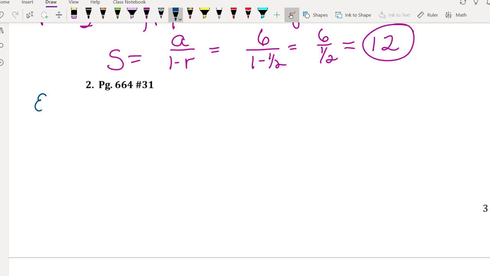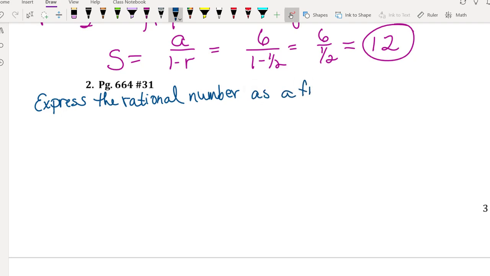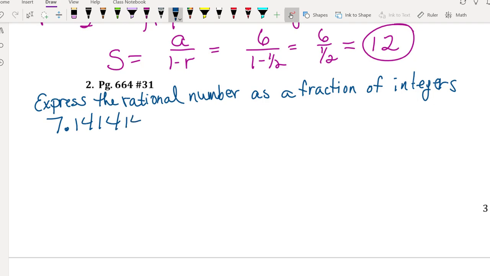So we're supposed to express the rational number as a fraction of integers. And so here's our number, 7.141414, etc. So we're repeating decimal.